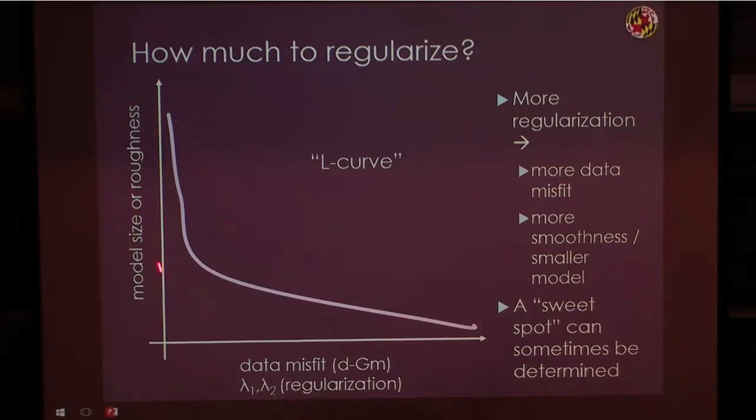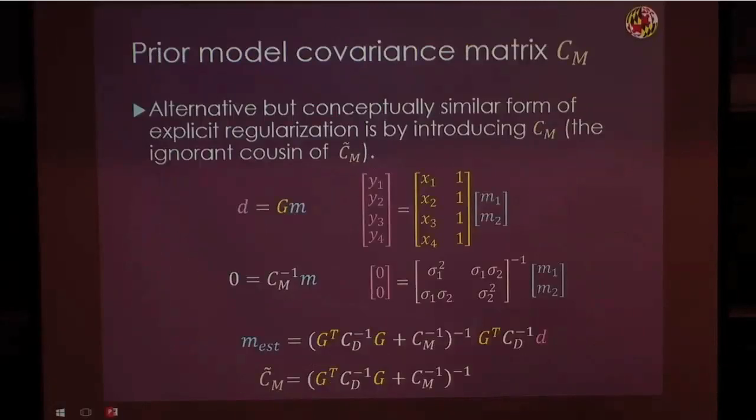And of course, the more you do that, the more your model size or roughness is going to decrease. Sometimes there's a sweet spot where you've decreased your model size and roughness, but you haven't really messed up your data fit yet. And so you would choose your lambda 1 and lambda 2 to be somewhere here, where you smoothed the solution or decreased its size, but you haven't messed up your ability to predict the data yet. And so that is sometimes how this damping is done.